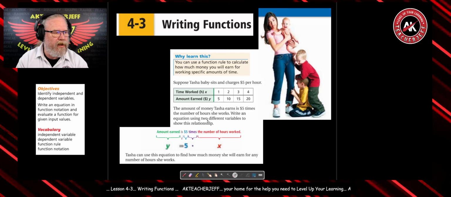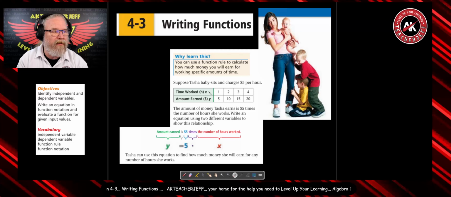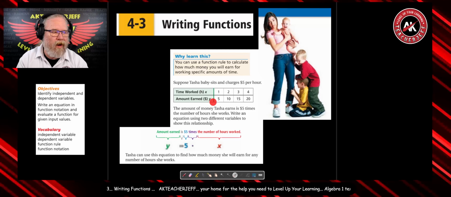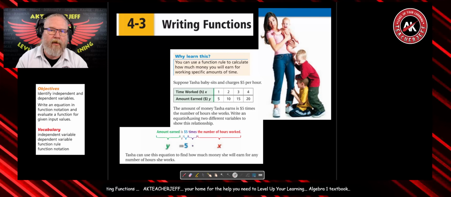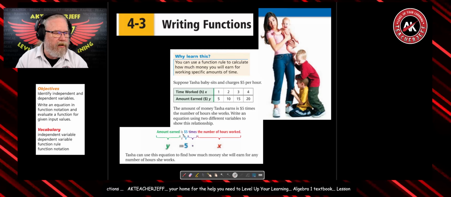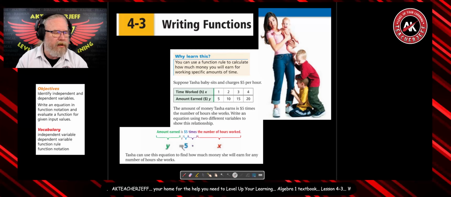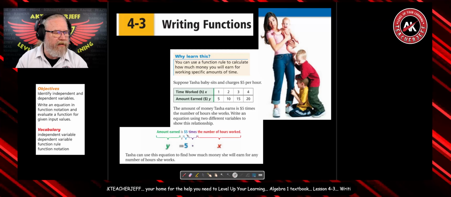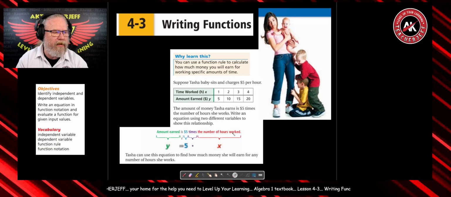Write an equation using two different variables to show this relationship. Well, our two different variables are going to be x and y. The question is, where do they go in the equation that they wish for us to write? So we know that the amount of money that she earns, and that's in the y row here, we'll call that y, then an equal sign, 5, times is multiplication, and the number of hours she worked.